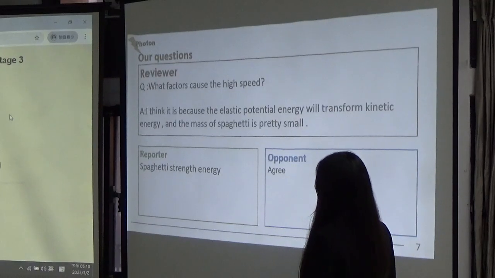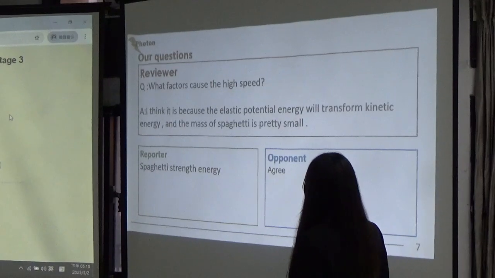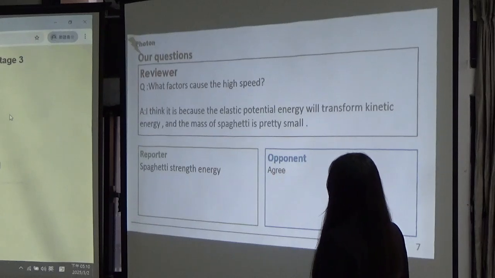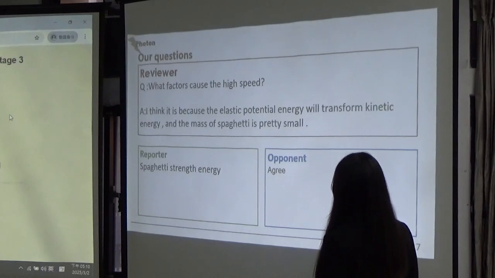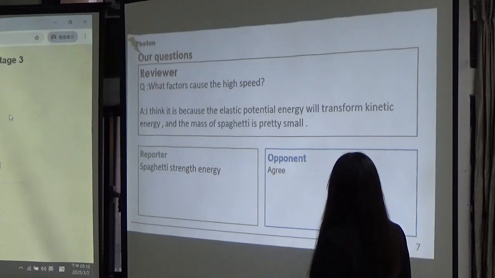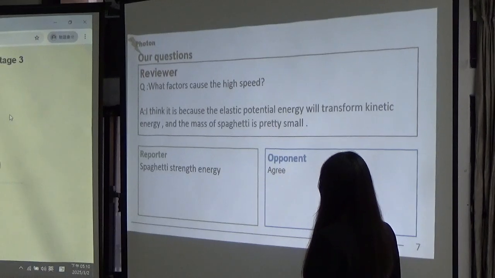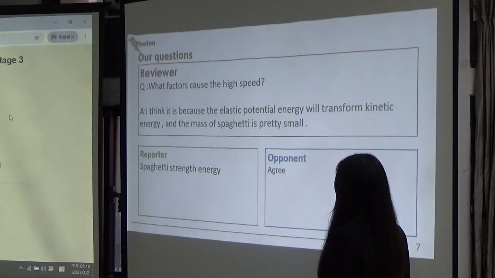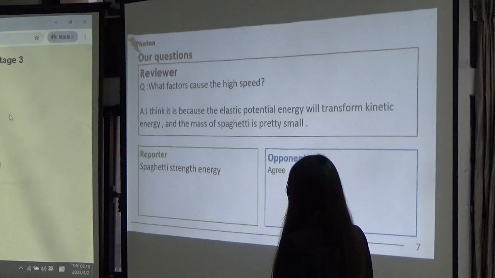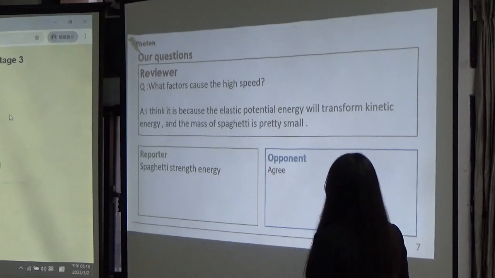In question one, I asked what factors cause the high speed. I think it is because the elastic potential energy transforms into kinetic energy, and the mass of the spaghetti is pretty small, so it causes a high speed. The reporter thinks it is the spaghetti's strain energy, and the opponent agrees with me.